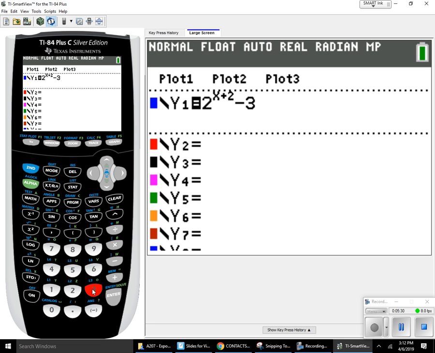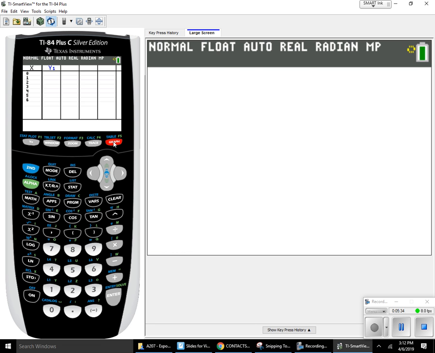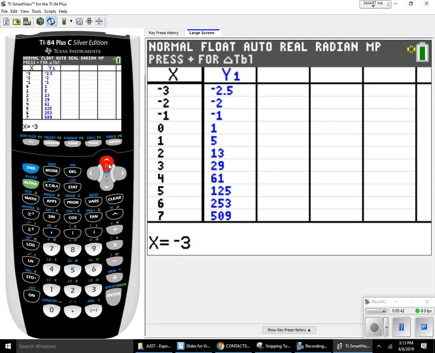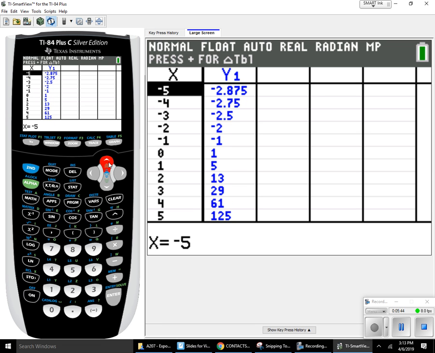So I can get a table by pressing second, the blue key. Table is in the top right corner. And note that this gives me a good collection of whole number points. I can even scroll up to see a few more. Note that not every point is a good whole number point. Just like our parent function, there are a lot of ugly values here as well.